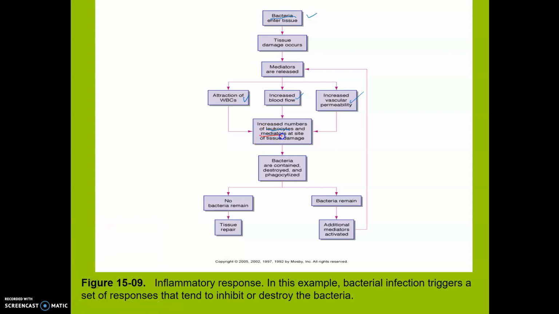Okay, the chemical mediators hopefully will destroy bacteria, and the extra white blood cells that are there will phagocytize the dead bacteria. If no bacteria remain, tissue becomes repaired, and we're good. If bacteria remain, well, then we have continuous inflammation in the area until hopefully the bacterial infection has been taken care of.